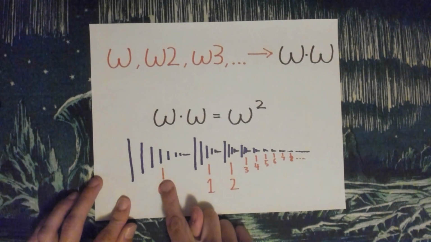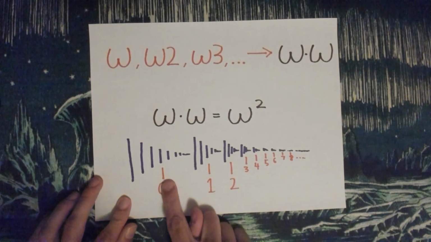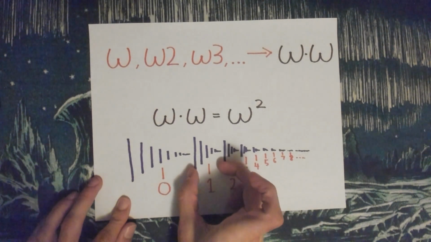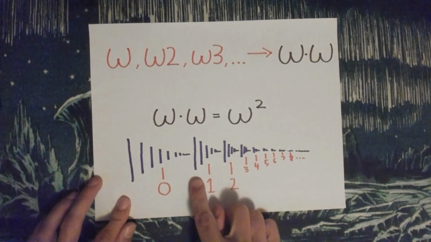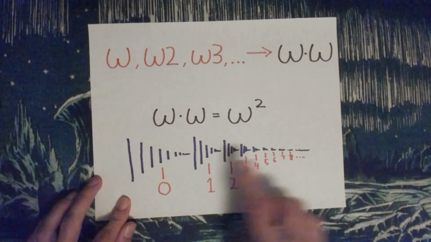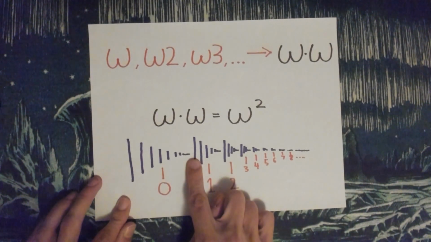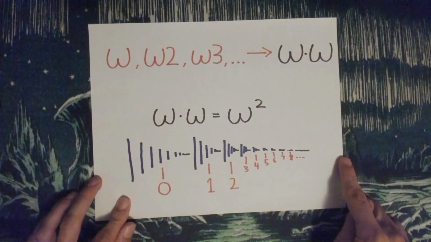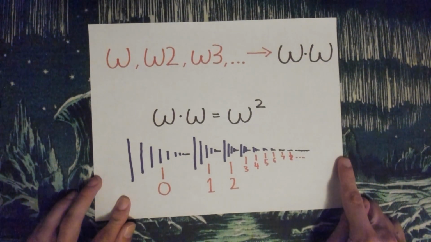So here I'm taking this orange notch and replacing it with a copy of omega. I take this orange notch and replace it with a copy of omega. So I'm taking omega number of notches and replacing each of them with omega number of notches. And that's going to give me omega squared. So this is pretty long, but it's still countably infinite.